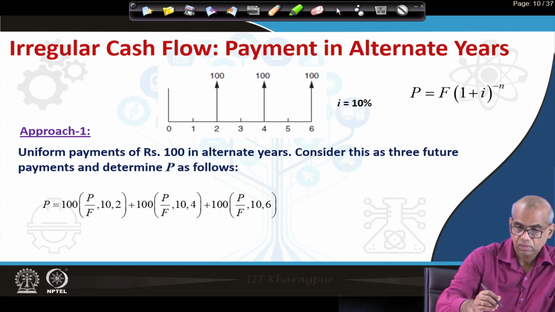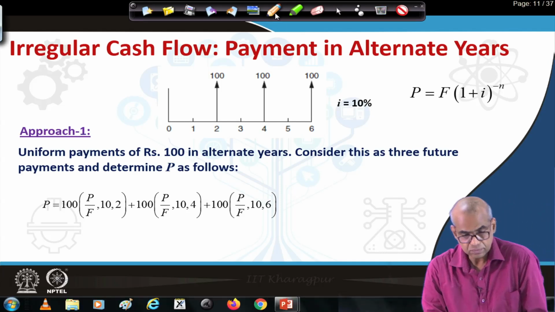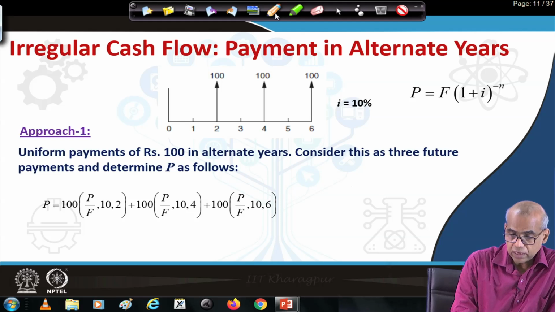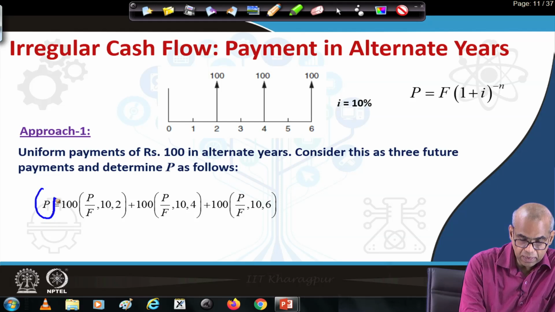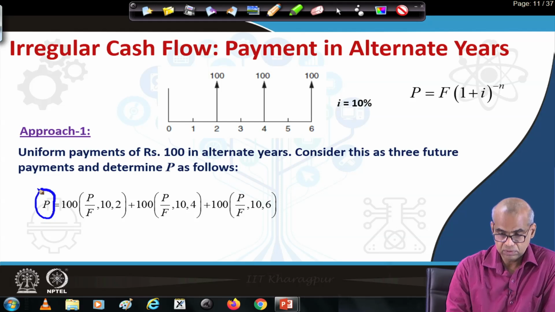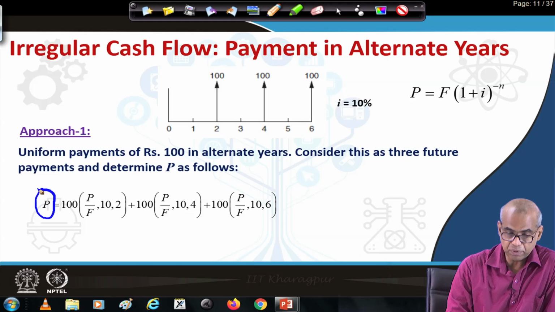In the first approach, we can consider this as 3 future payments and determine the present worth P. How? We can consider the present worth P as the sum of 3 future payments.